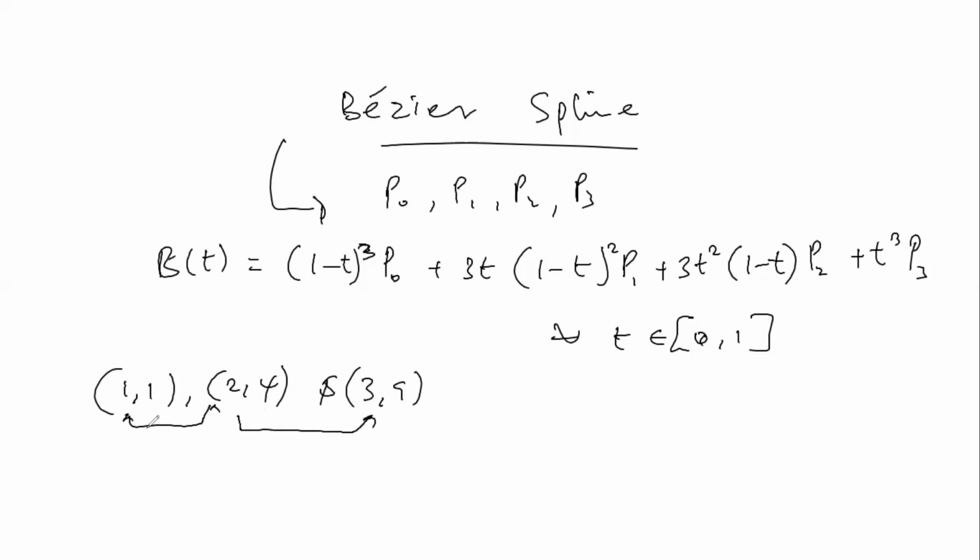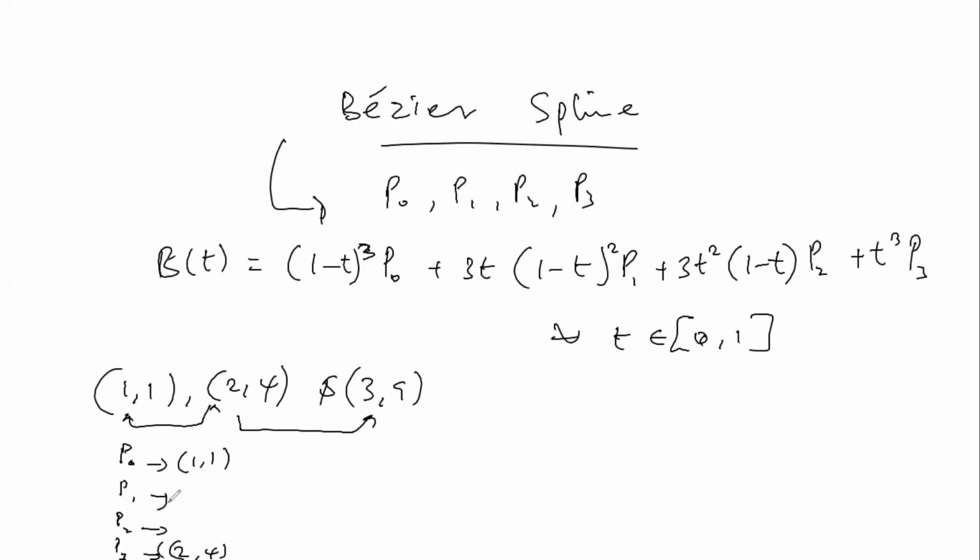Between each interval, we are going to have 4 control points. So it means that between this interval, we're going to have P0, P1, P2, and P3. This will be such that we know P0 is (1, 1), that is already known, and we also know P3 to be (2, 4).